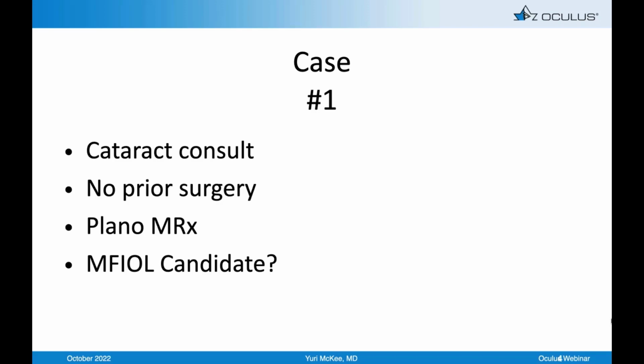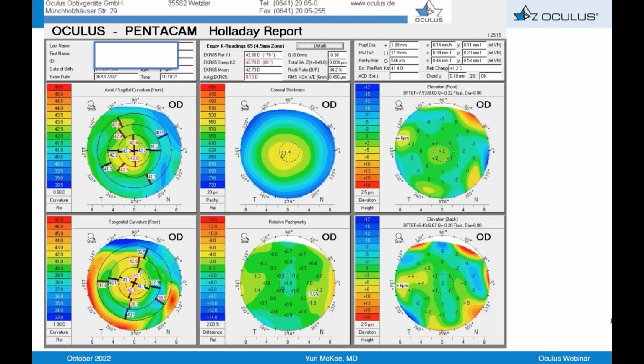This is the main screen, if you will, for when you look at a refractive cataract patient, and it's going to show us our axial curvature, our corneal thickness, the front and back elevation, relative pachymetry, and then the tangential curvature. But really important, look at the small box in the middle at the top where it says equivalent K readings.